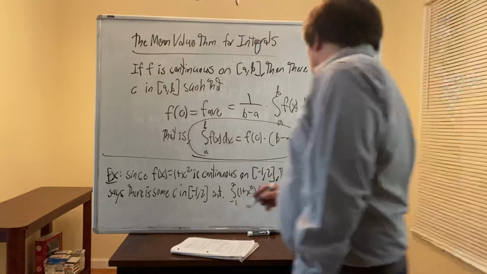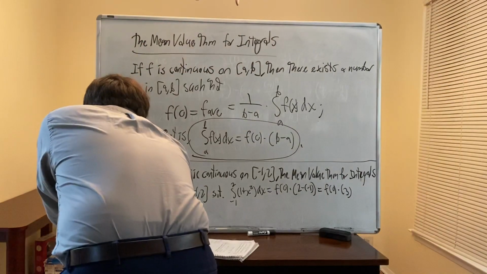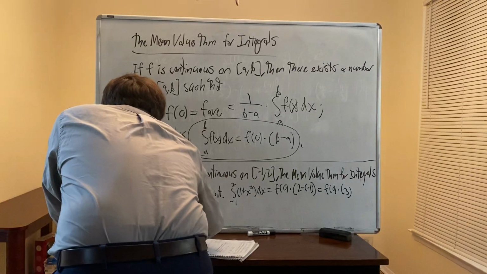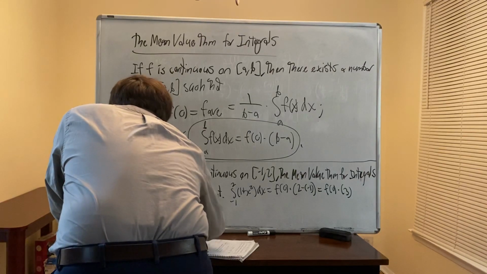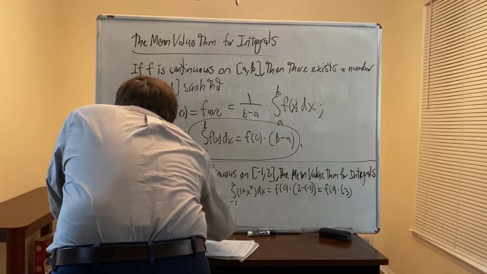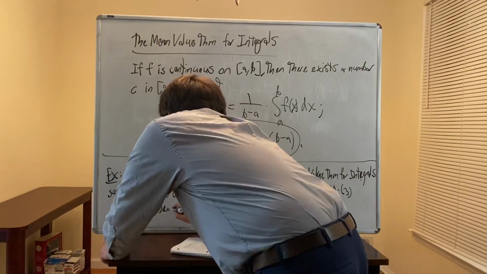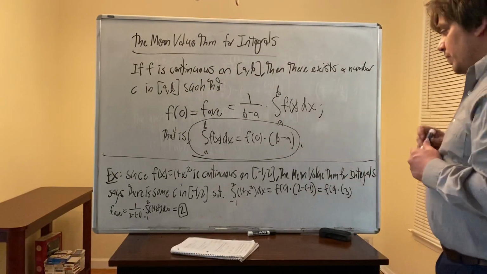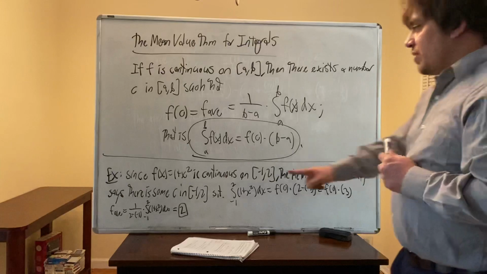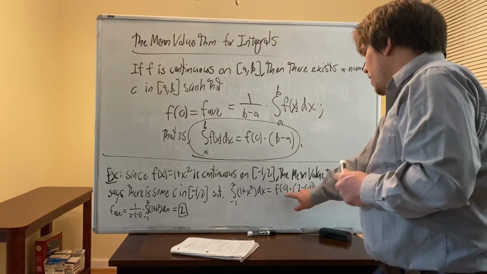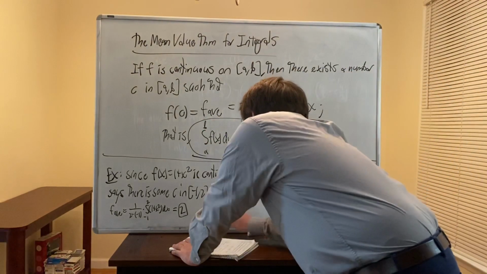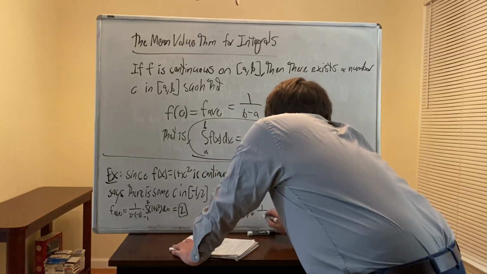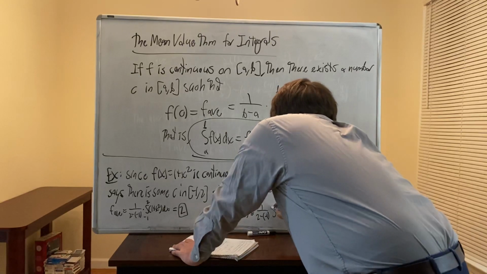So earlier we had that f average was equal to 1 over 2 minus -1 times the definite integral from -1 to 2 of 1 plus x squared dx, and what we got was that was equal to 2. That was the last board. So the f of c here is the f average here, which implies that f of c is equal to 1 over 2 minus -1 of that definite integral.